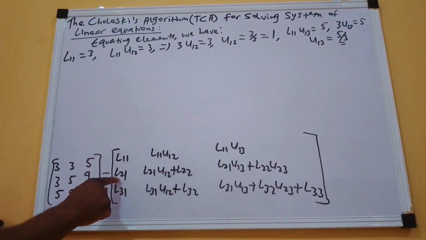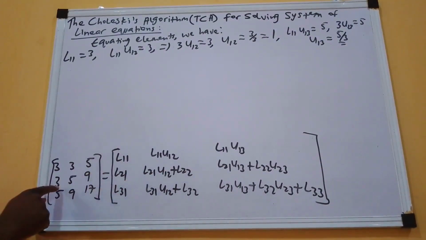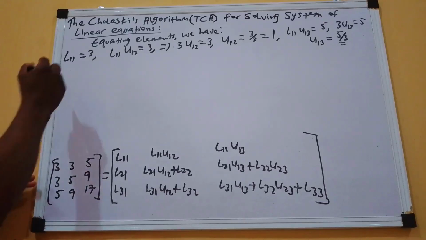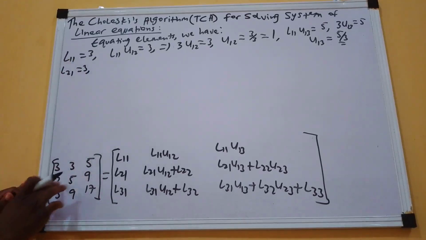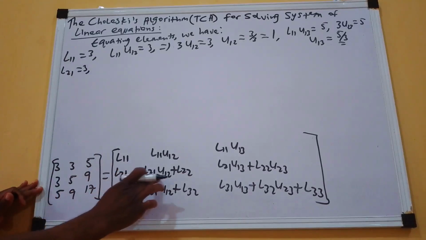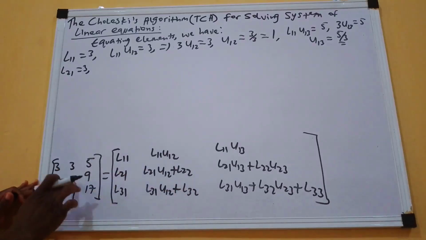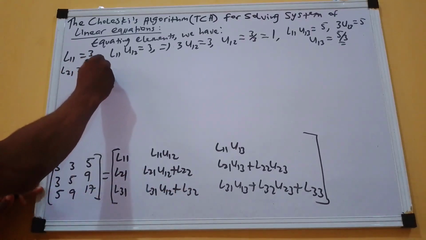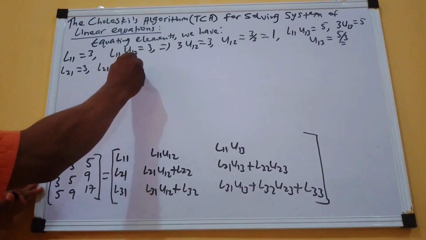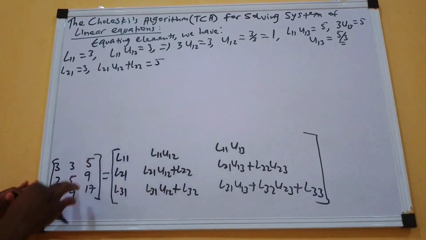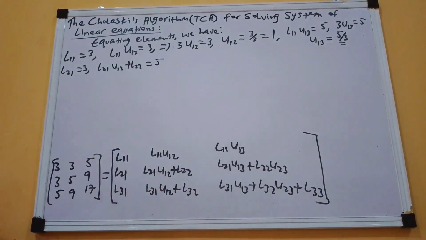So we are equating. Then from here again, our L21 is equal to 3. Then our L21 U12 plus L22 is equal to 5. That's the element here.